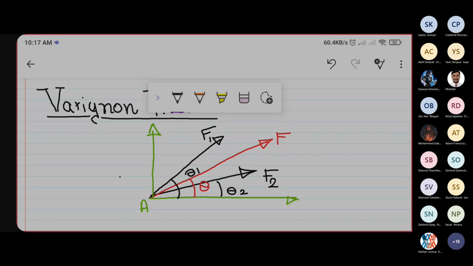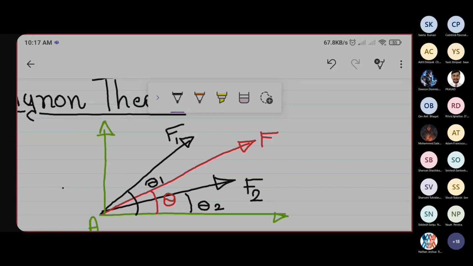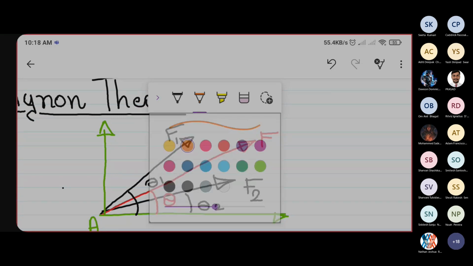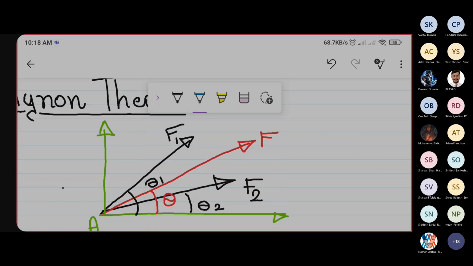Now we will consider one point O on the y-axis, and plot perpendiculars from point O, namely D1, D2, and this center one is D.